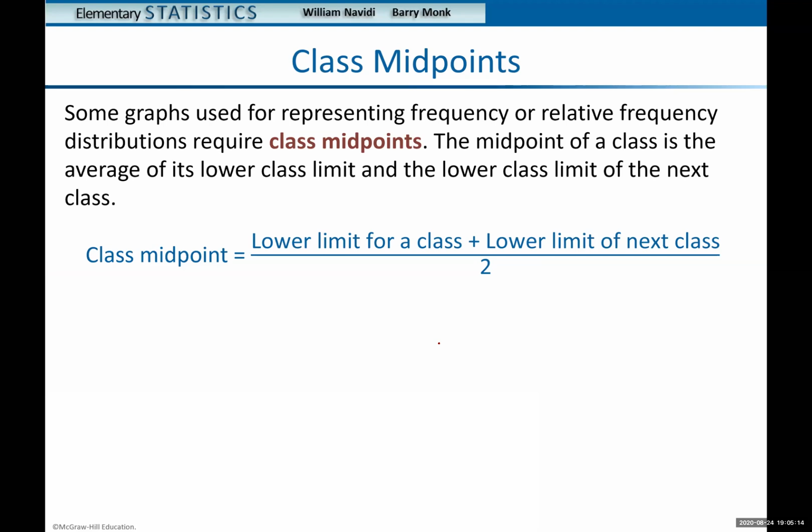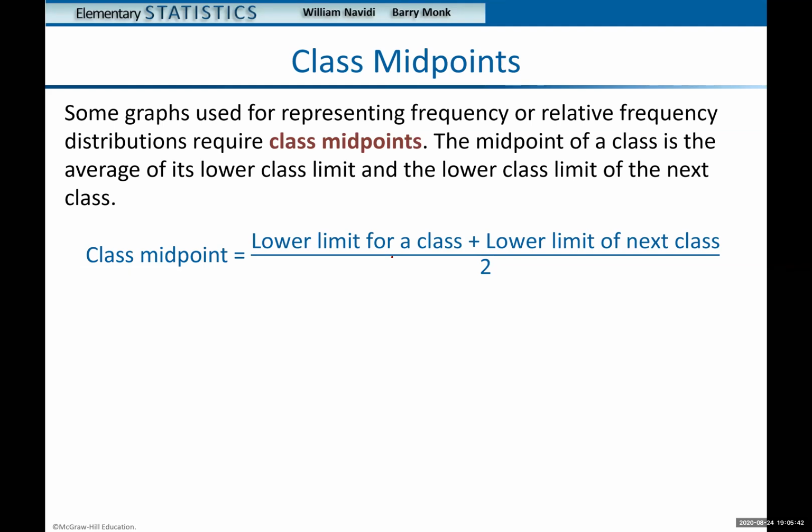Like I just mentioned, for a frequency polygon, you need the class midpoint. That is the average between the two limits. Remember, you have two consecutive limits: the lower limit of a class and the lower limit of the next class, then divided by 2.